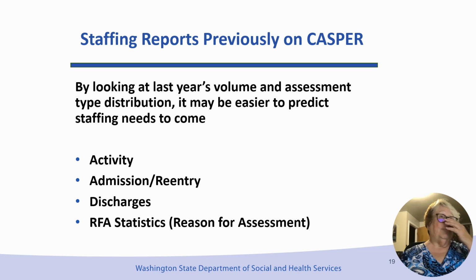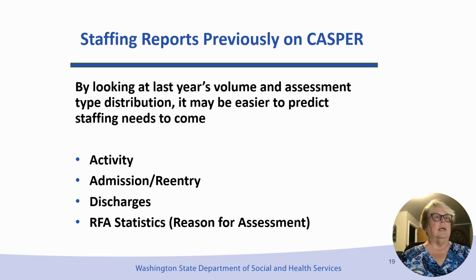There are some staffing reports that were previously on CASPER. I think most of these have moved over to iQIES at this point. There's a particular activity report, admission and reentry and discharges, how many people are coming in and out of your facility, how many people actually came into your facility, say in a particular month. And then there's also a report called Reason for Assessment.